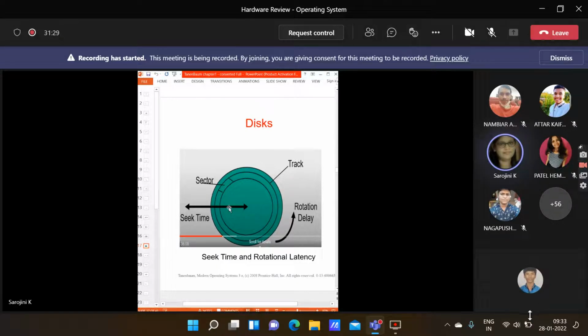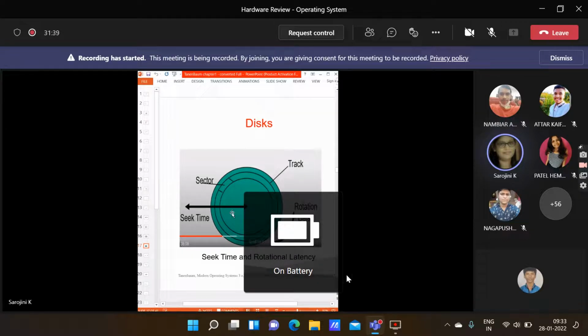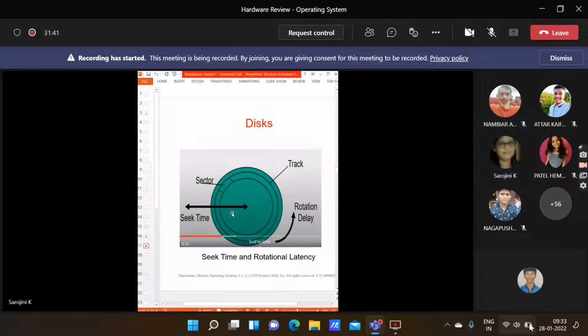So that movement takes time, to properly keep the read-write head in the appropriate track before reading or writing. That is called seek time. The time taken to position the read-write head in the appropriate track before reading or writing the data is called seek time.